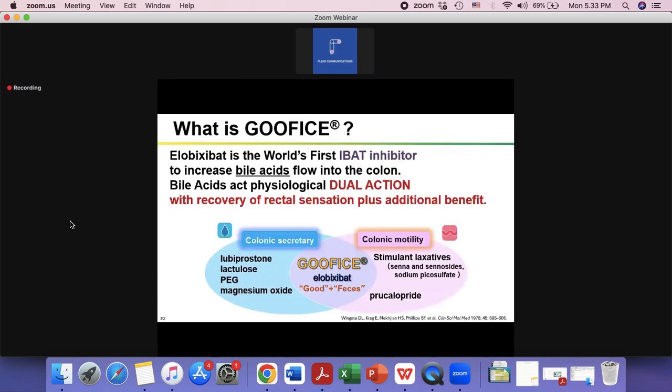Thank you. Okay, the first part. Elobixibat is a world-first ileal bile acid transporter inhibitor that increases bile acid flow into the colon. Bile acids have a physiological dual action.